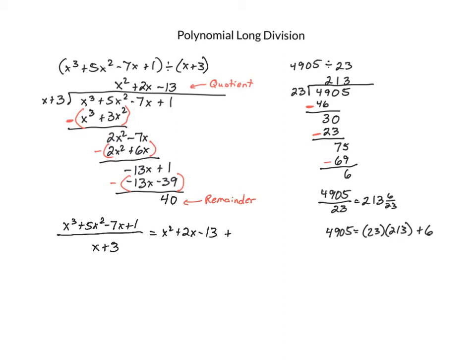So we have plus 40 over x plus 3. So this is equivalent to converting this improper fraction right here to a mixed number.